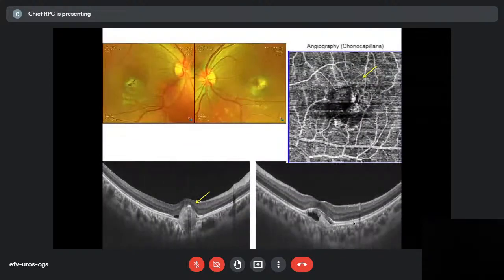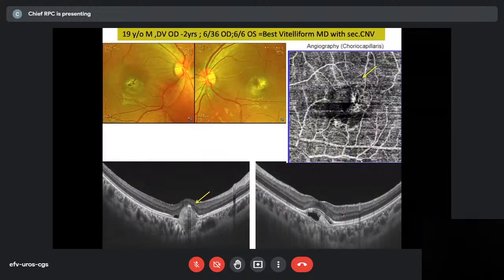So this is another case, very interesting. Bilateral symmetrical lesions, sunny-side-up yolk. There was some neovascular membrane over here, with the yellow arrow pointing a little upward. This is a patient who had very good vision.